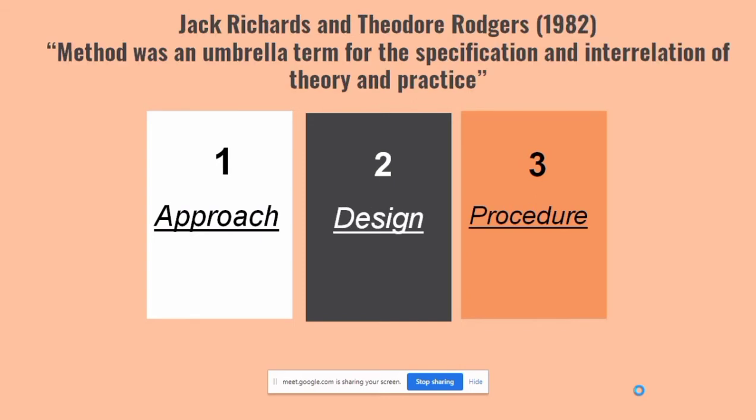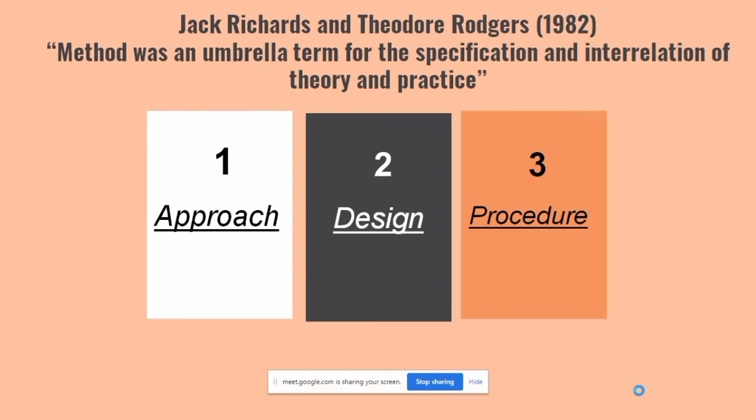And next, Richards and Theodore Rodgers, 1982. Method was an umbrella term for the specification and interrelation of theory and practice. Richards and Rodgers divided it into three parts, and the first one is approach.